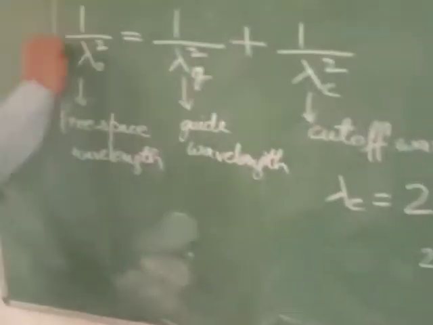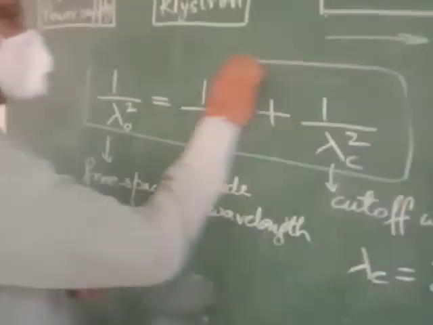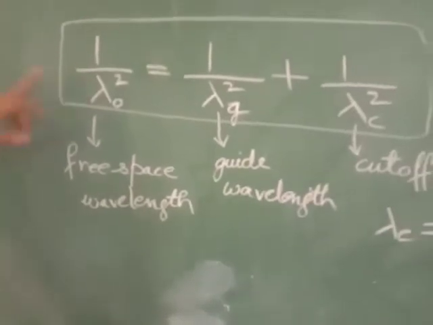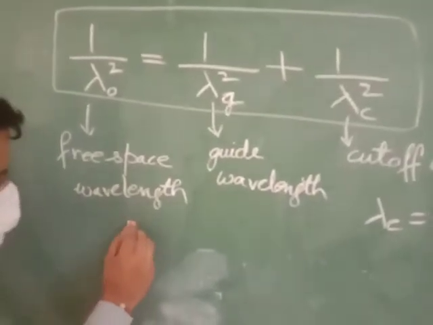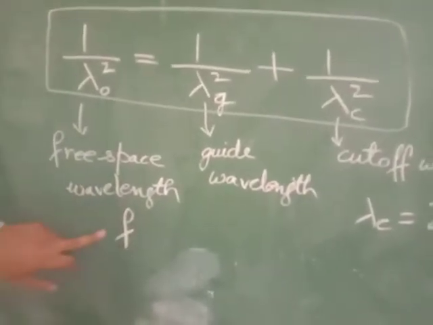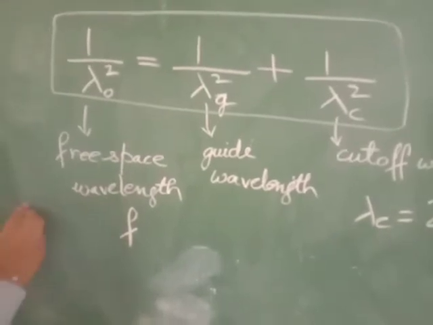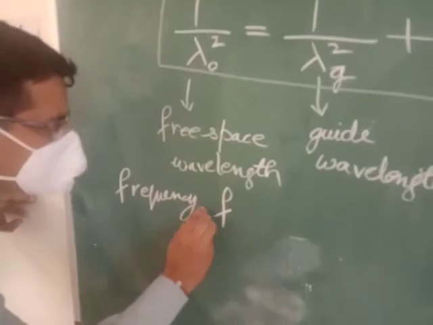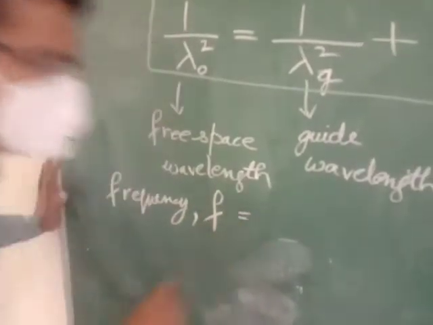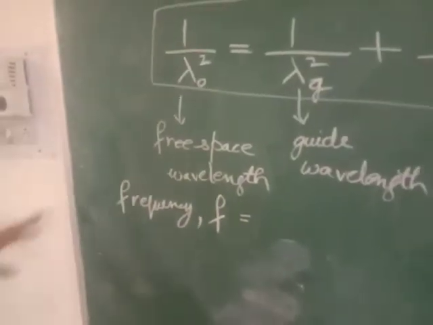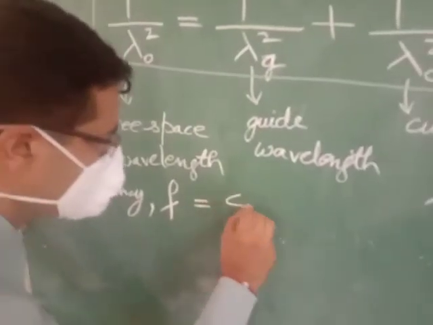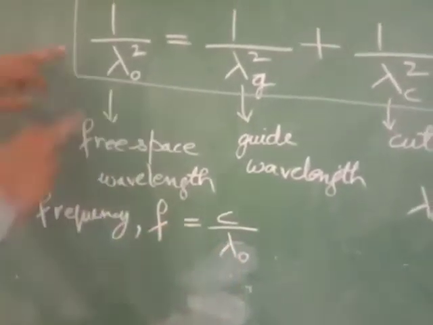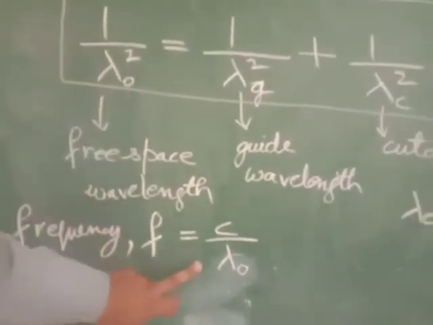From this formula, we can calculate the value of lambda naught, that is the free space wavelength, and using the free space wavelength we can calculate the frequency of the signal. Frequency f is equal to c by lambda naught, where lambda naught is the wavelength that we have already calculated.